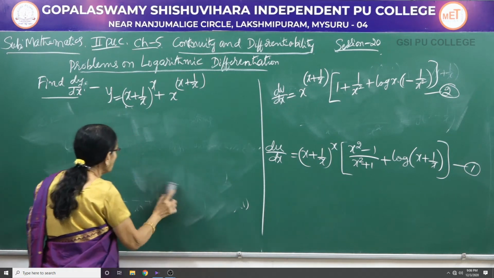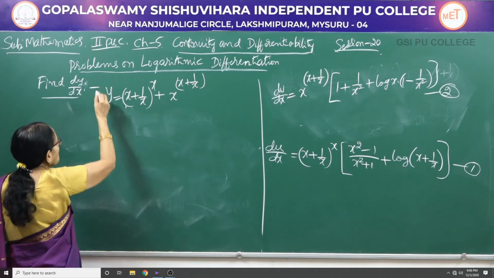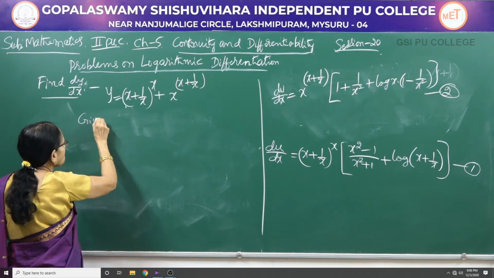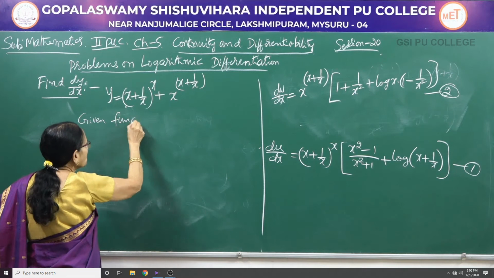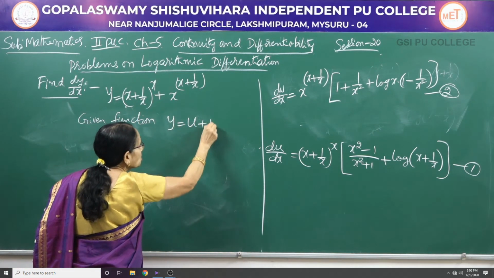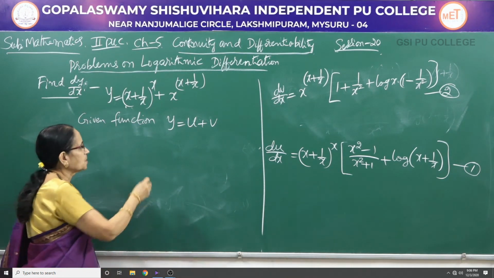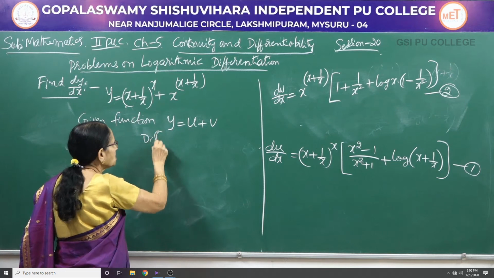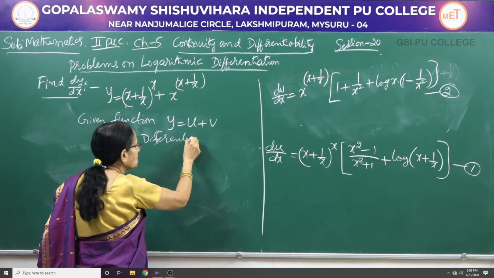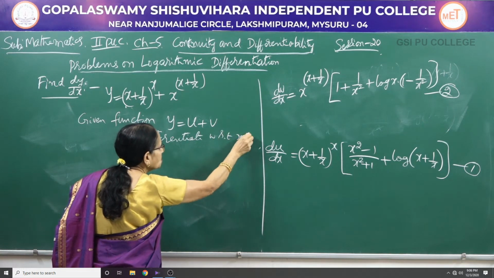Now, you write here. So, this was the given function, y was equal to this one. The given function, after making the substitution, y is equal to u plus v. Now, differentiate with respect to x.